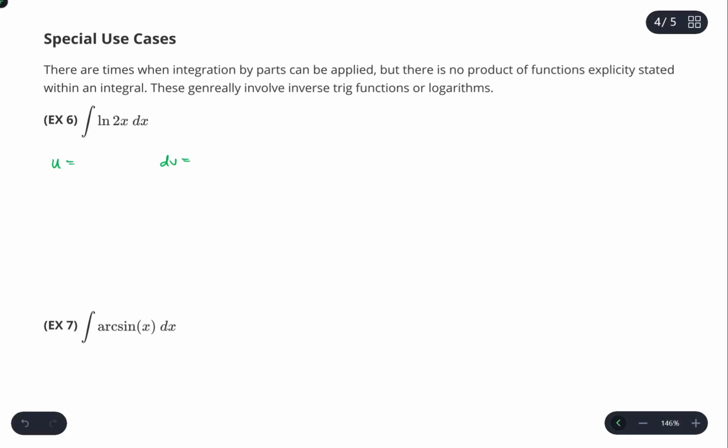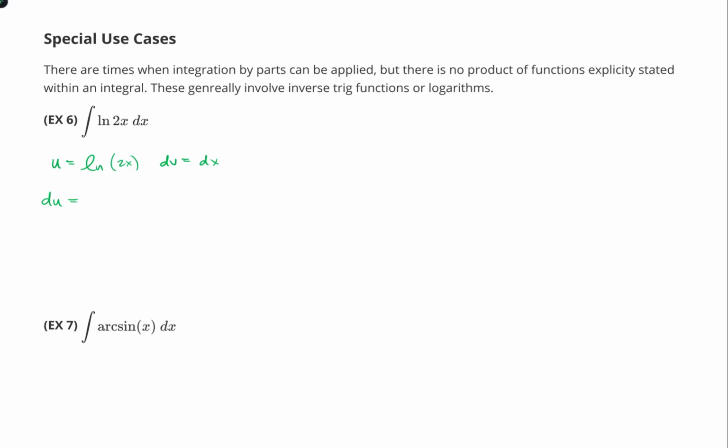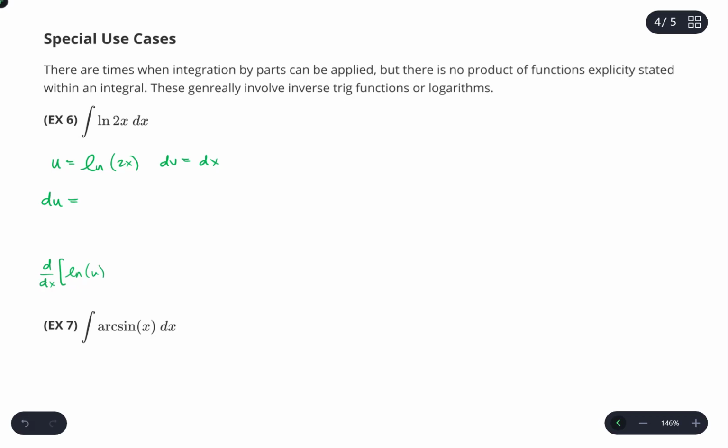So we will choose u to be the natural log of 2x, and dv to just be dx, so that du, the derivative of the natural log of 2x, if you go off to the side, just remember the derivative with respect to x of the natural log of some function u of x is just the derivative of u over itself.